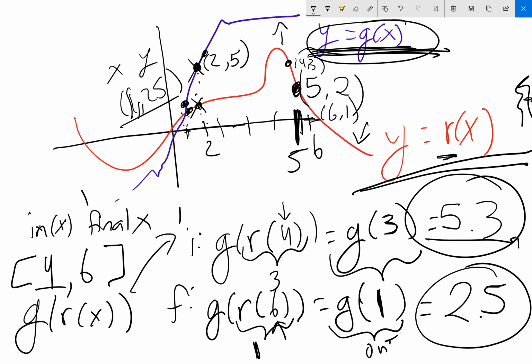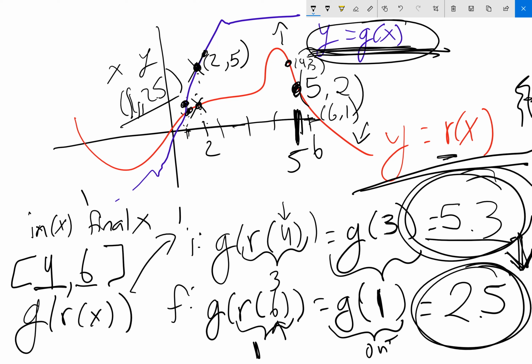So we notice that it's going down, it's decreasing. So we would say on the question, sorry guys, I'm pulling this up on my laptop. Okay, as x increases from 4 to 6, the value of g of r of x, right, these values, are they going up or are they going down? They're going down, right? We've decreased.